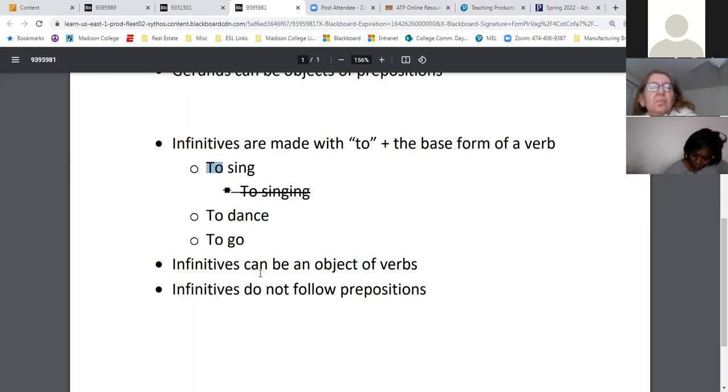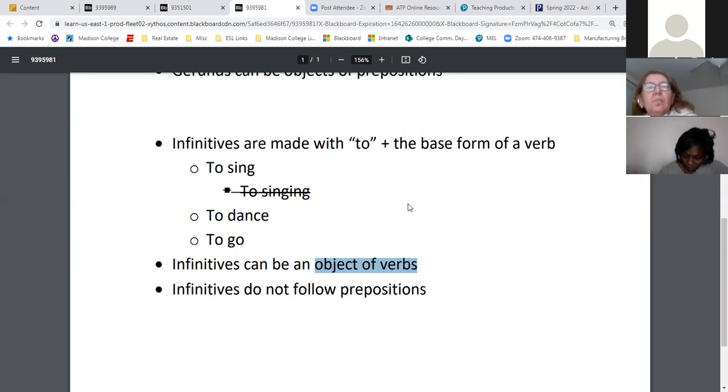And most often, infinitives are used as the object of a verb. When we say object of a verb, that means it comes after a verb. So you know verbs, very common verbs such as want and hope and like, love and hate are common verbs that are followed by infinitives.